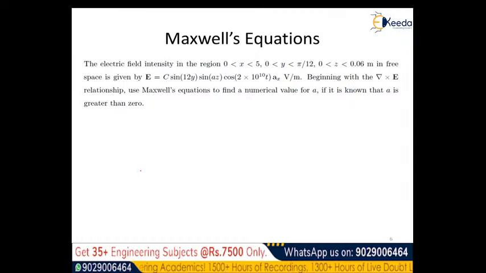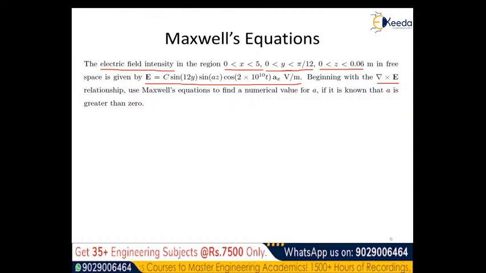In this problem statement, we have been provided the expression for capital E, the electric field intensity, and this expression is valid for the region defined by the range of x, y, and z here. So this is the consideration of the rectangular coordinate system. Now the very first expression in the set of Maxwell's equations is del bar cross of E equal to minus del B by del t for time varying fields, as we have seen on the very first slide.